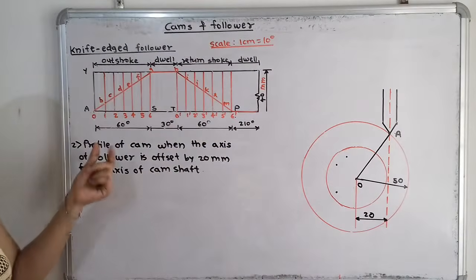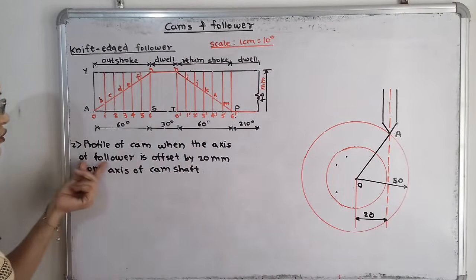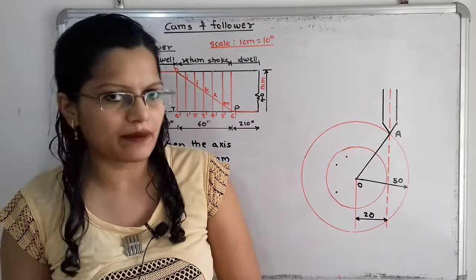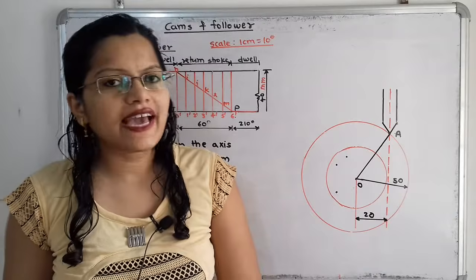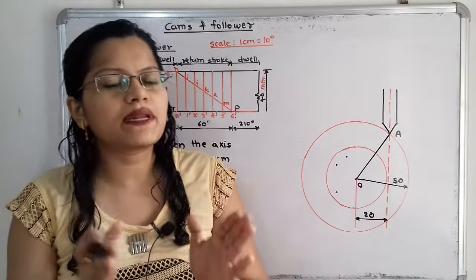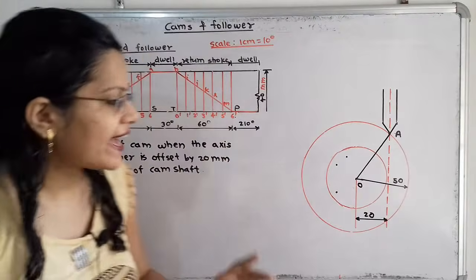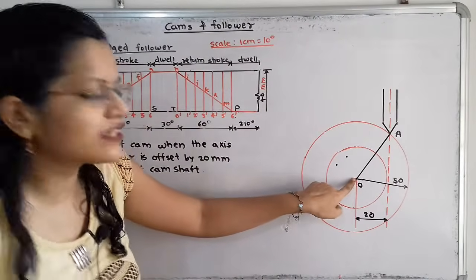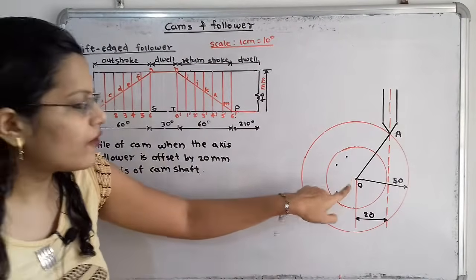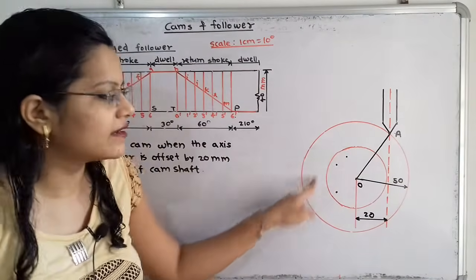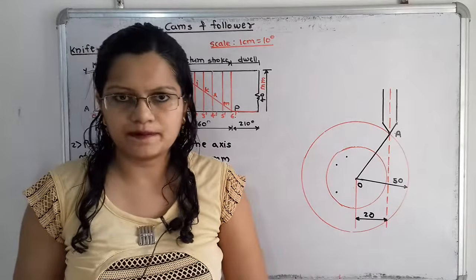Here we have to draw the profile of the cam when the axis of the follower is offset by 20 mm from the axis of the camshaft. So where is the axis of the follower? That is 20 mm offset from the axis of the camshaft. The axis of the camshaft passes through the center O. So first we have to draw one circle with 50 mm radius and O is the center.